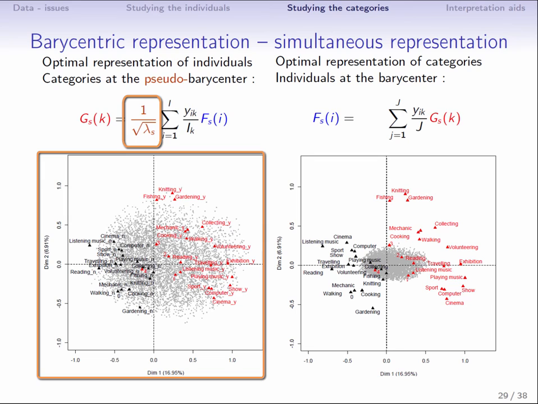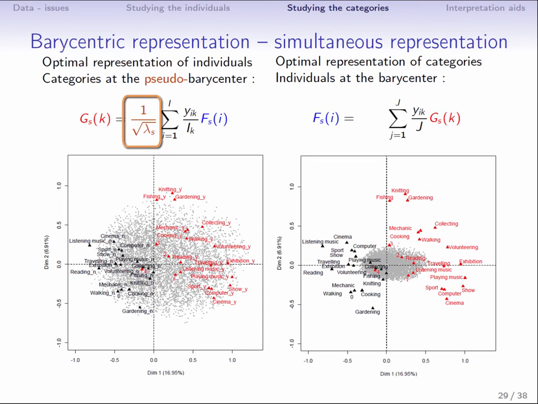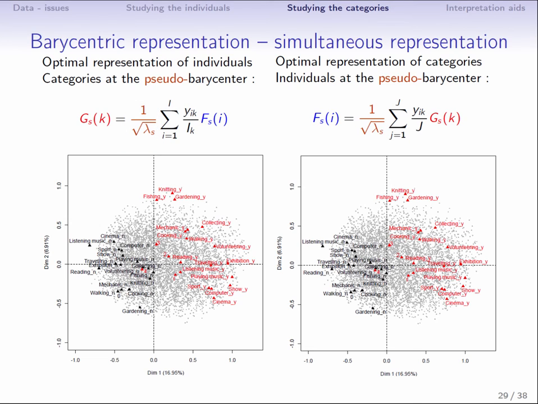When writing this relationship, we just have to introduce the factor of 1 over the square root of lambda s. In the graph on the right, we fix the positions of the categories and dilate now the point cloud of individuals, again by this coefficient of 1 over the square root of lambda s. In the transition formula, we only introduce this term of 1 over the square root of lambda s. And what do we see?